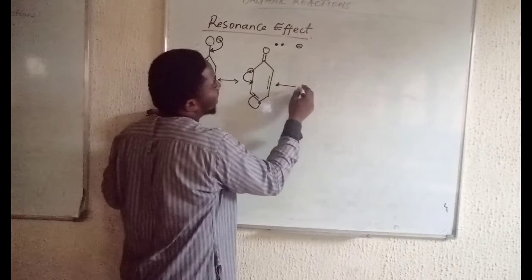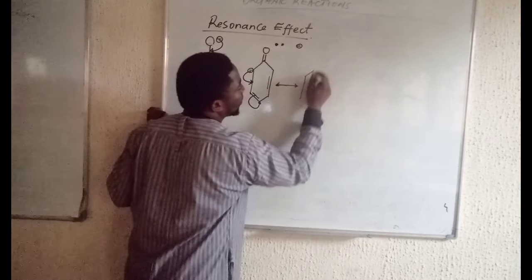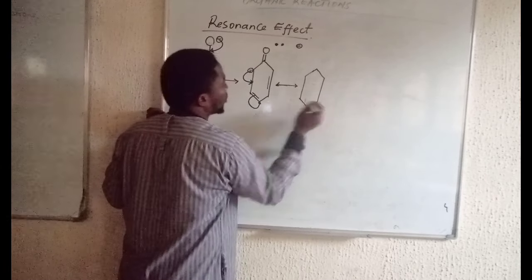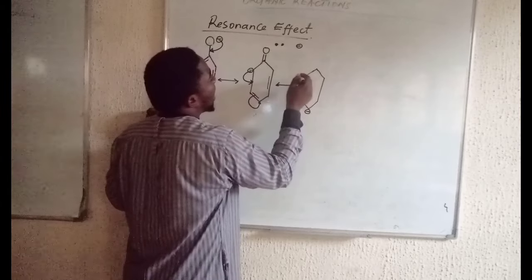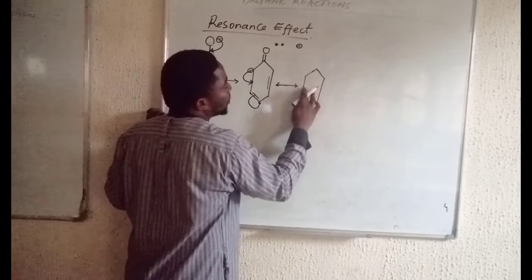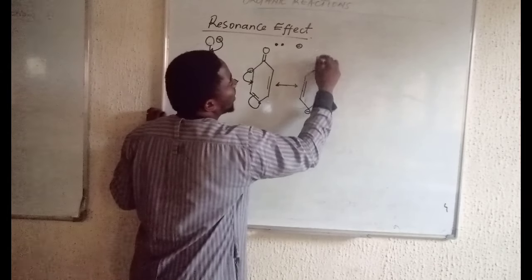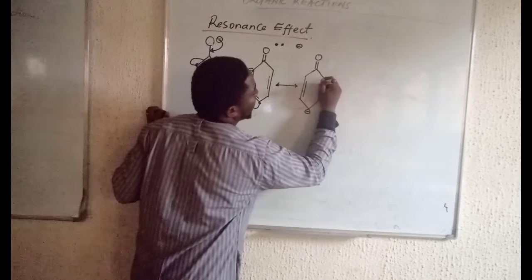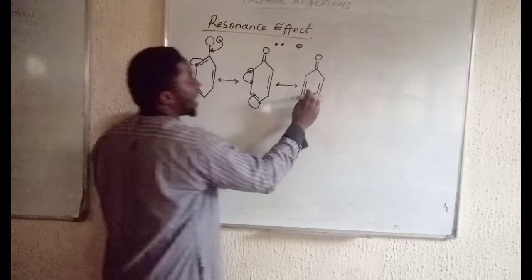So that will give us another resonant molecule with this structure. So now I have this carbon here negatively charged, and the movement of this negative charge to this point brings a double bond at this point. This one is still intact, and this other bond is still intact. So this is another resonance structure of the phenoxide ion.